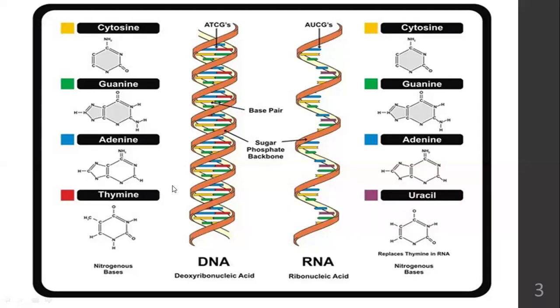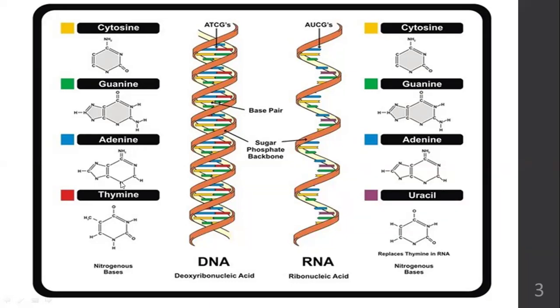Is it clear to all so far, the basics of your genetics? You can see here all these are nitrogen based components. Is the hexagon structure visible to all on screen?